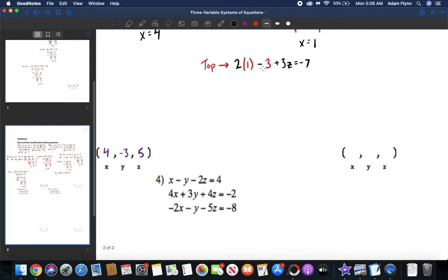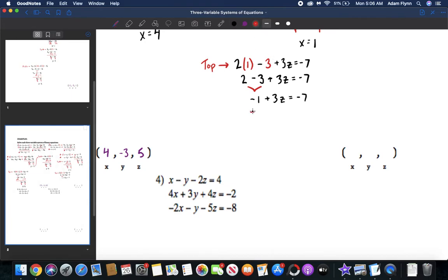So I'll scroll down and solve this. 2 times 1 is going to be 2. I've got this -3 plus 3z equals -7. I can combine my numbers on the left side. So when I do that, I get -1. And then I'll bring down my plus 3z and my -7.